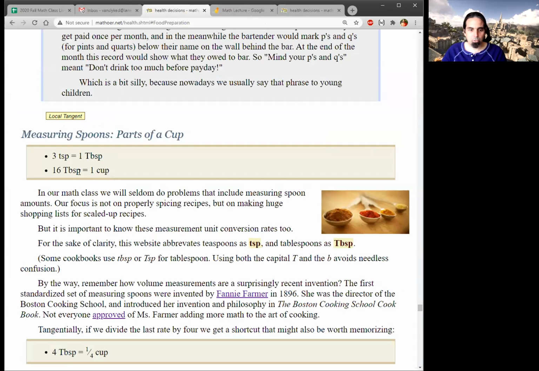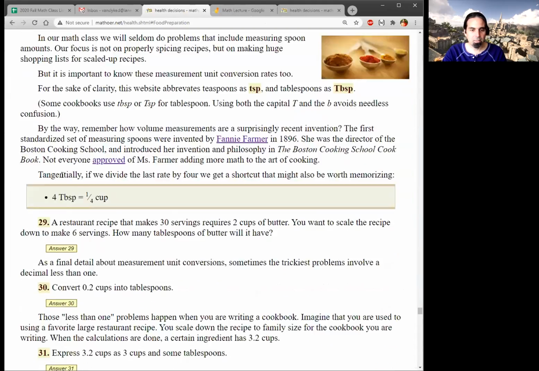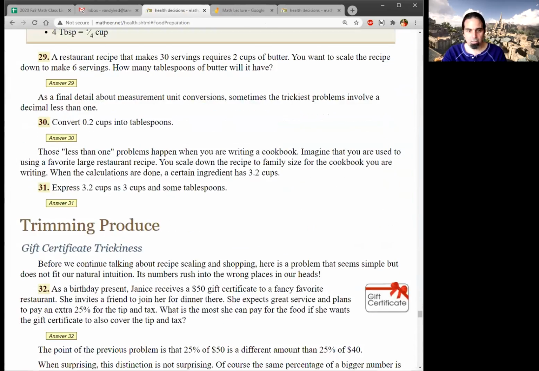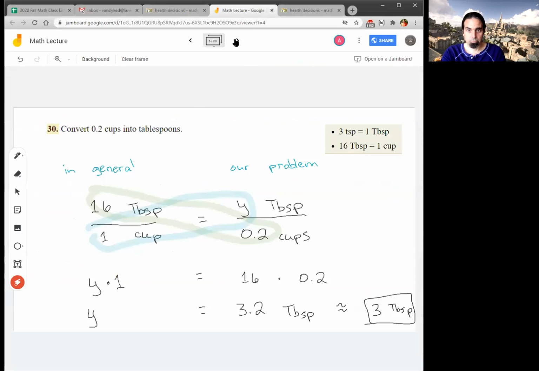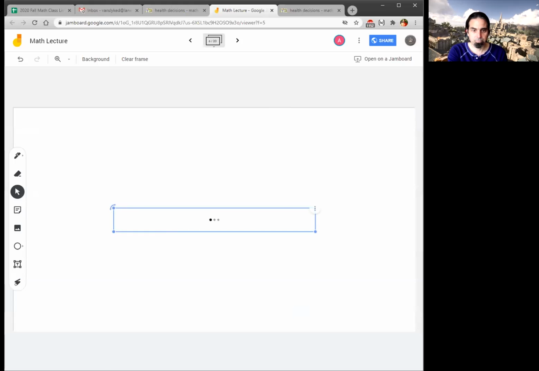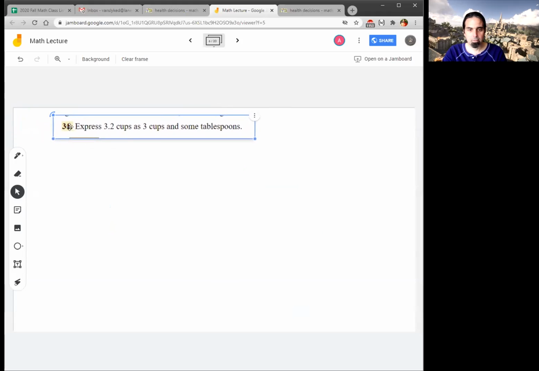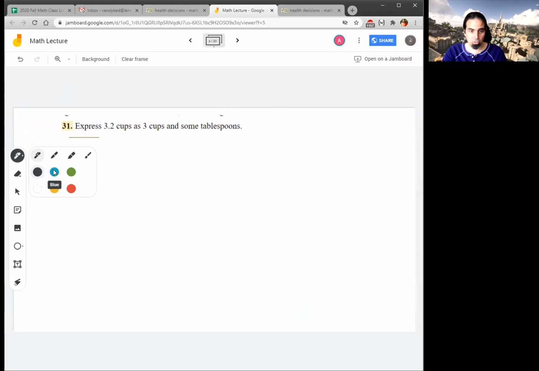Okay, so here's the clever little bit. On 31, we can take 3.2 cups and change it into 2 parts. We can have the 3 cups and the 0.2 cups. The 3 cups just sticks around.